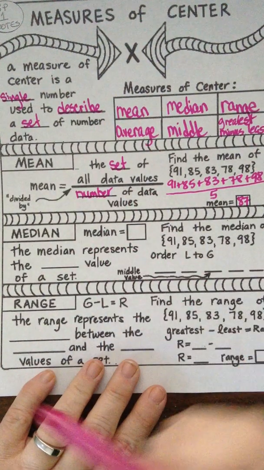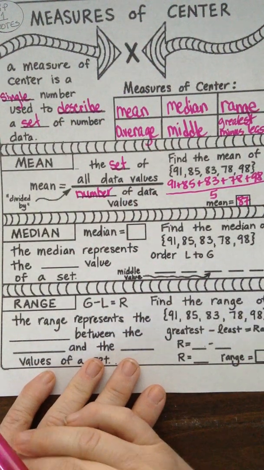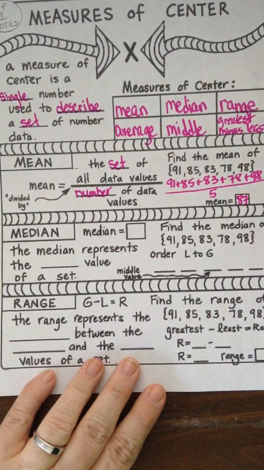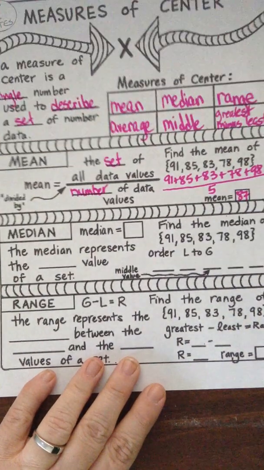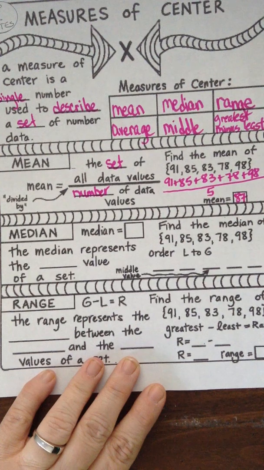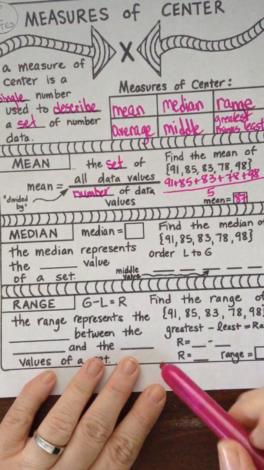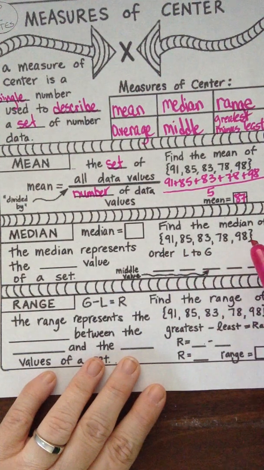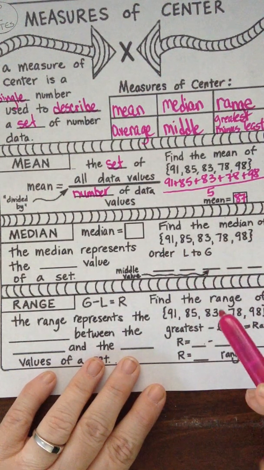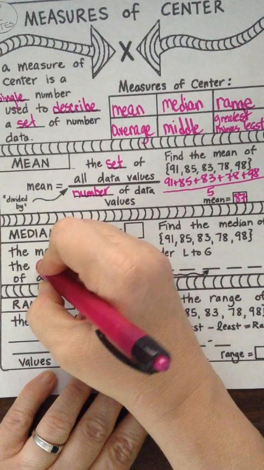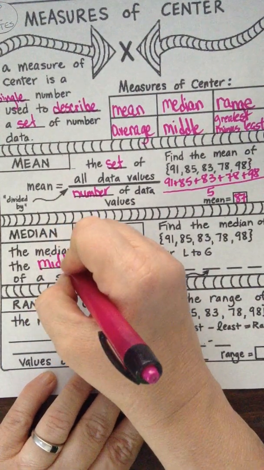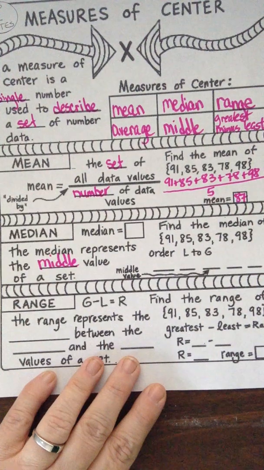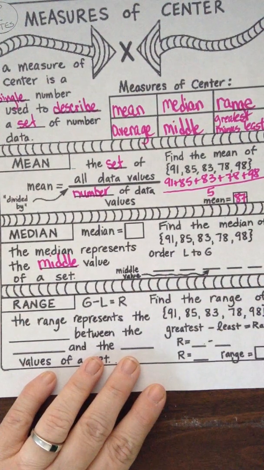Looking at median, as I said, median is middle. So the median for that data up top, 91, 85, 83, 78, and 98, we have to find what's in the middle, which means we put them in order from smallest to biggest.